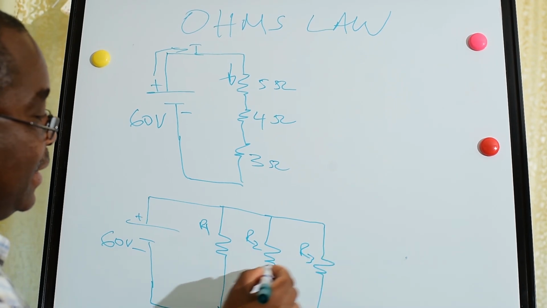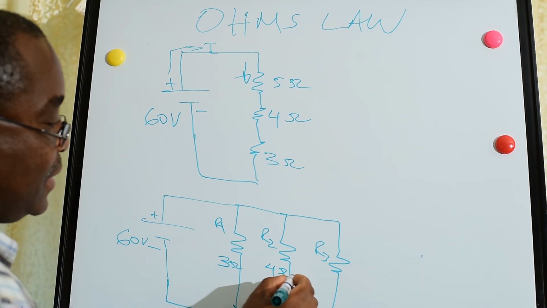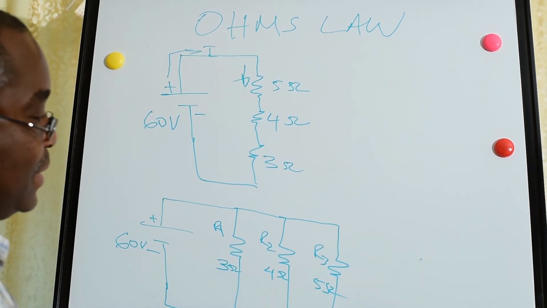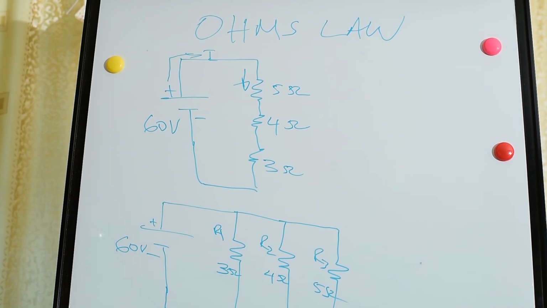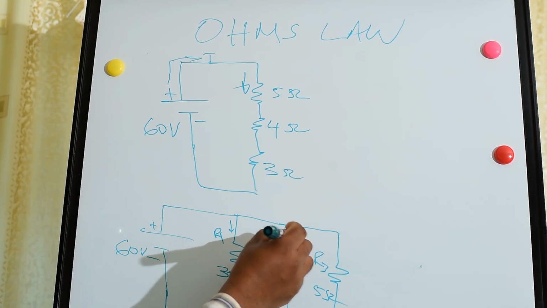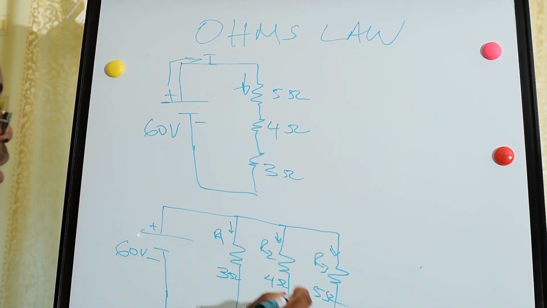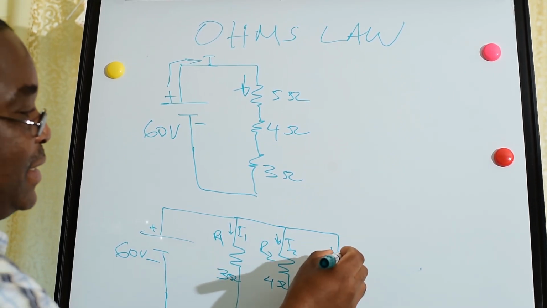These are 3 ohms, 4 ohms, and 5 ohms. We want to know the current flowing in each branch: I1, I2, and I3.